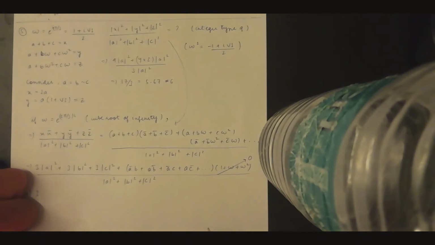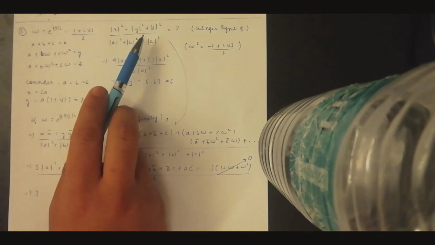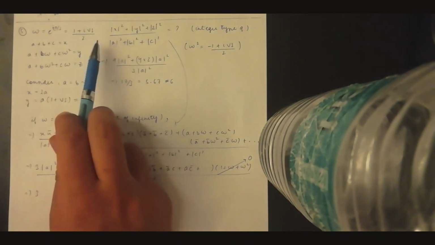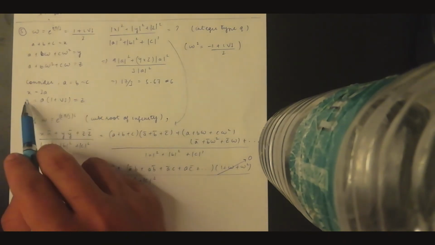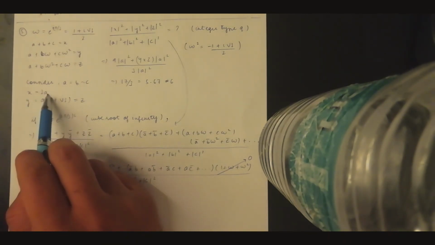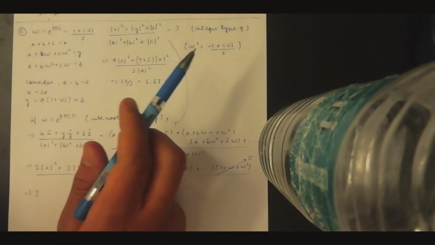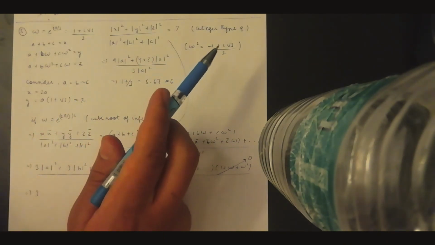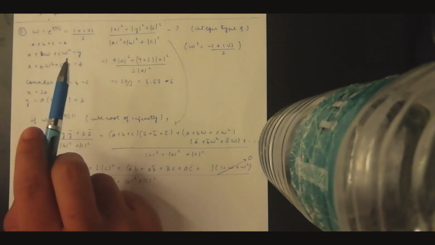Okay. So now in this question, this is actually a bit manipulative. So you just put a equals b equals c. Okay, you say that, and then you get the value of x equals 3a and y equals a into 1 plus root 3, because omega square is minus 1 plus i root 3 by 2. Right, from here we can find out this.